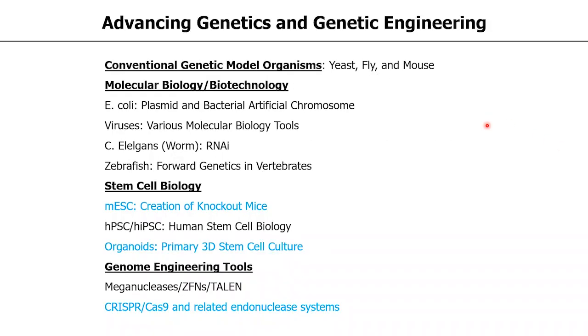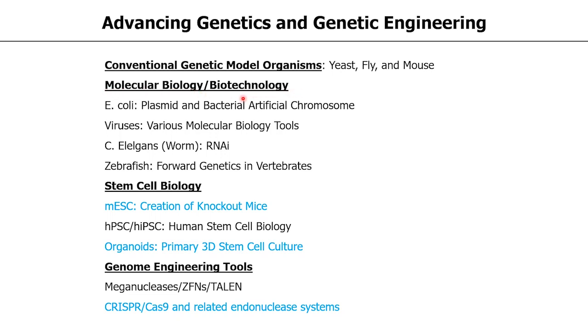I am a geneticist, and I'm very interested in developing new genetic tools so that we can do advanced genetics in the lab. Conventionally, the genetic model organisms have been yeast, fly, and mouse. In the 20th century, we observed revolutions in molecular biology and biotechnology.